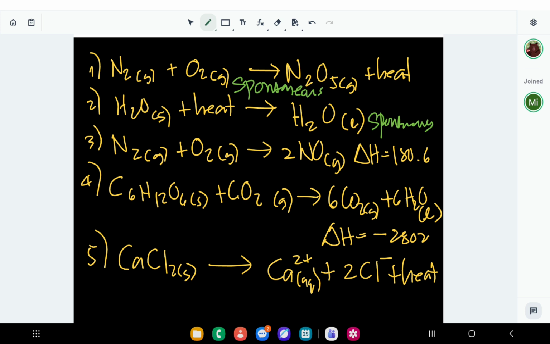So delta G would be 180 minus T delta S, with delta S positive. At low temperature, it's not really spontaneous. So if delta G is negative, it's spontaneous, right? Spontaneous at high temperature.